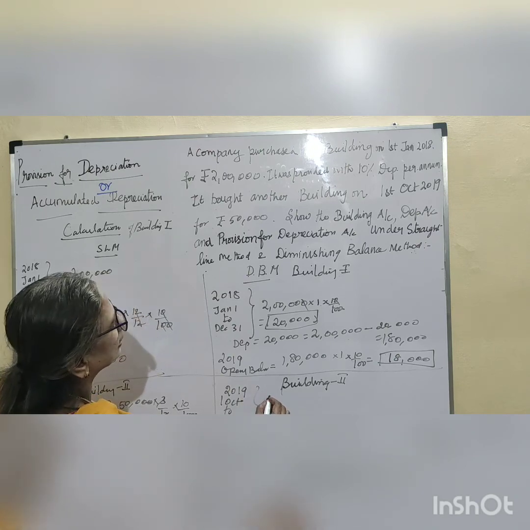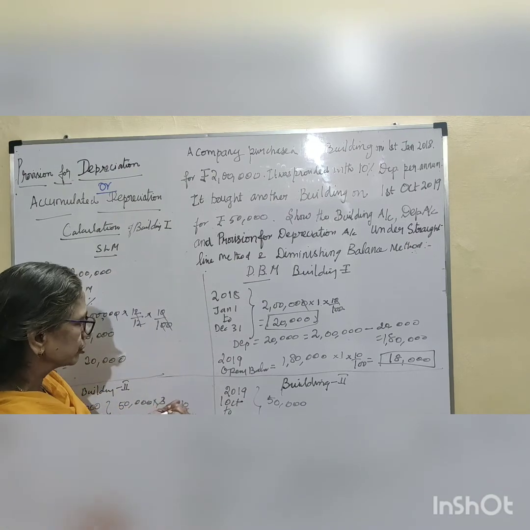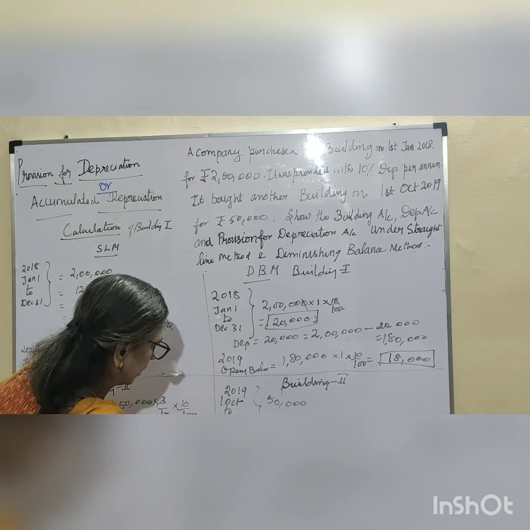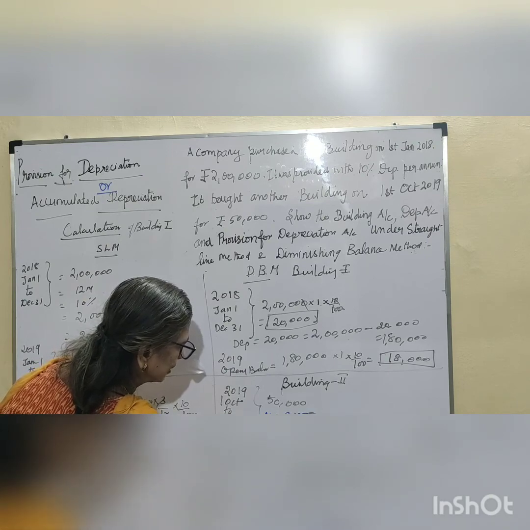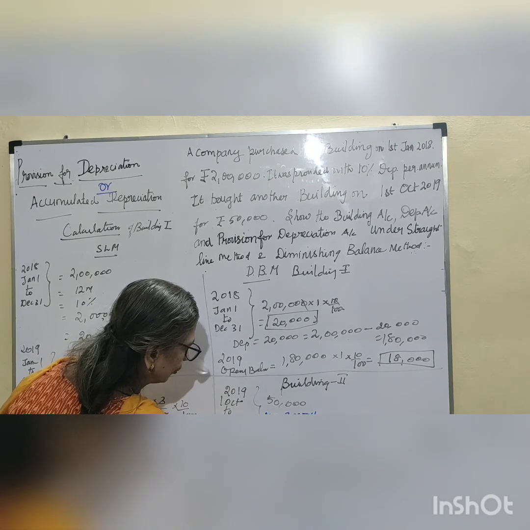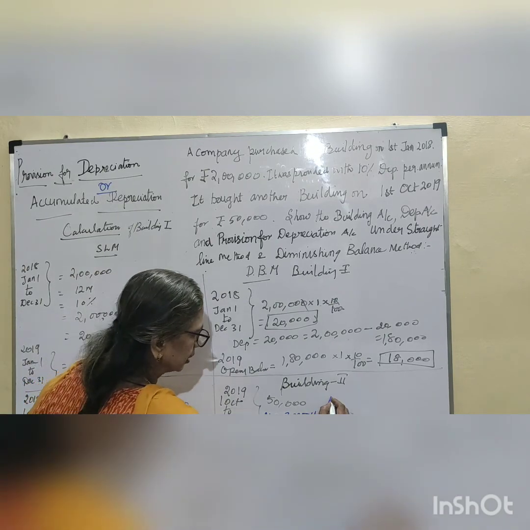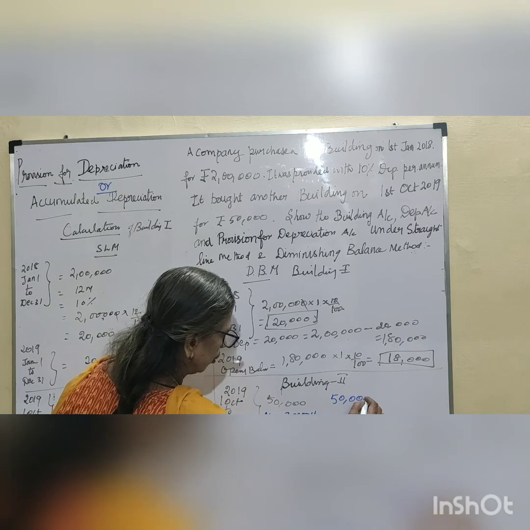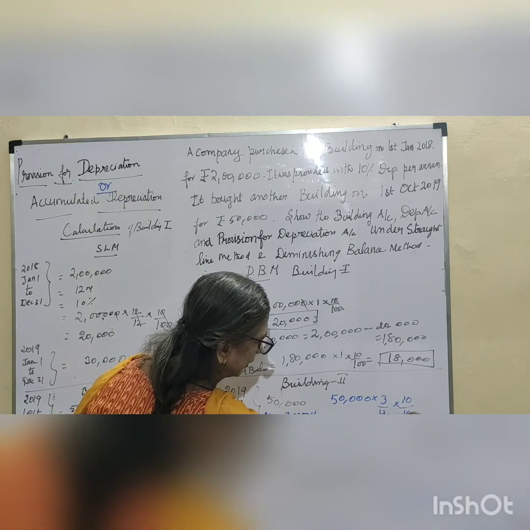The cost of the building is 50,000, the number of months is 3, and the rate is 10%. So 50,000, the cost, into 3 by 12 into 10 by 100.